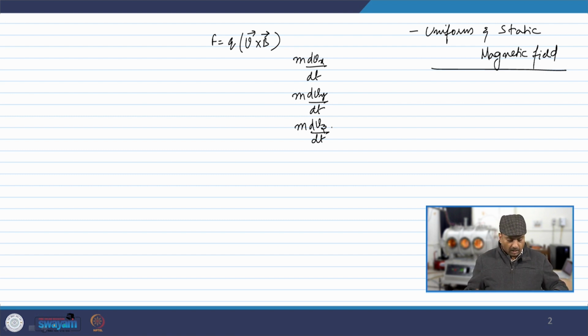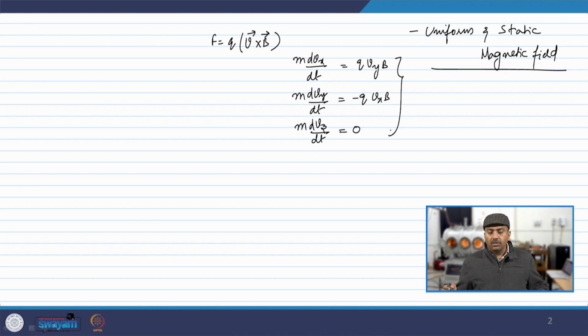So, the particle can have a three-dimensional velocity, and we have realized that the z component of the velocity, which is parallel to the magnetic field, will not be affected by the magnetic field strength. So, m dVx by dt is q Vy B, m dVy by dt is minus q Vx B, and m dVz by dt is 0, right.